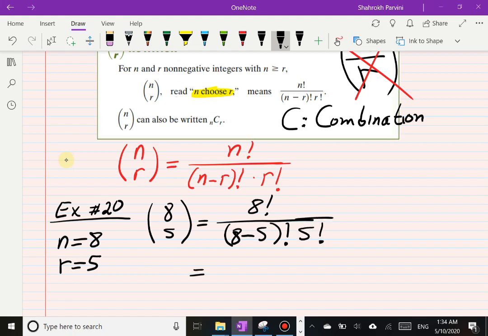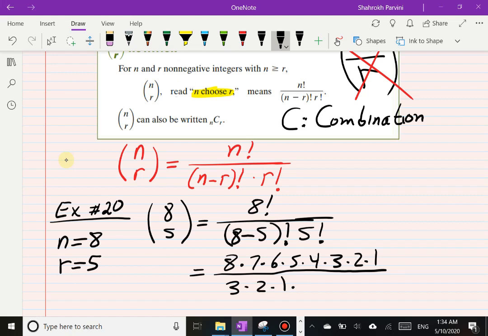Now, the way to do this, in the numerator, I have 8, 7, 6, 5, 4, 3, 2, 1. In the denominator, 8 minus 5 is 3, right? But it's factorial, so it's 3, 2, 1. 5 factorial is 5, 4, 3, 2, 1. And there you go.